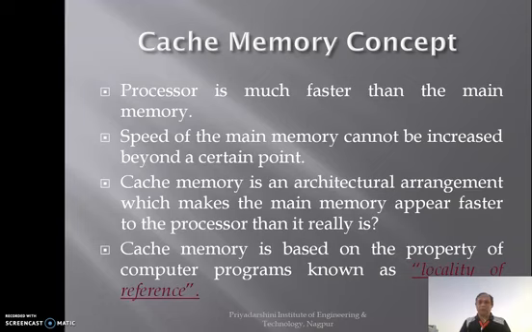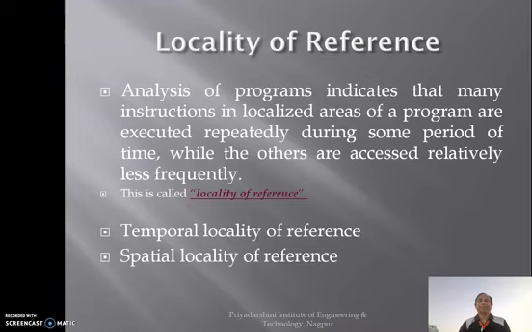Cache memory is based upon a property of computer programs, a principle known as locality of reference. Analysis of programs indicates that when instructions in a localized area of a program are executed repeatedly during some period of time, the others are accessed relatively less frequently.